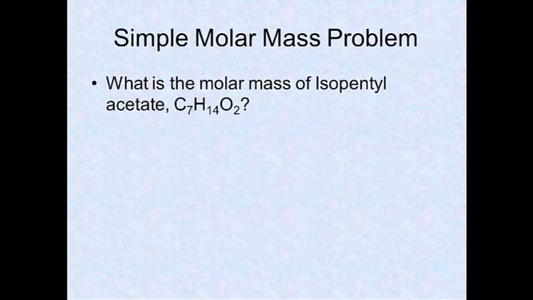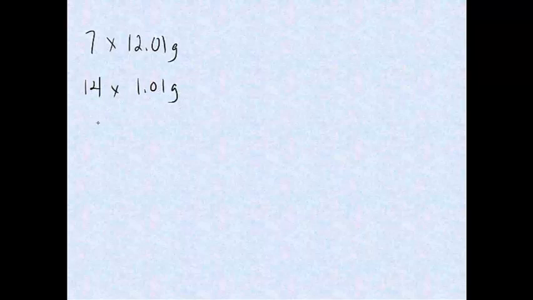So here's a short example, a very simple molar mass problem. Isopentyl acetate, the molar mass of isopentyl acetate. We are going to figure out 1 mole. So we have 7 carbons. We have 14 hydrogens. And we have 2 oxygens.